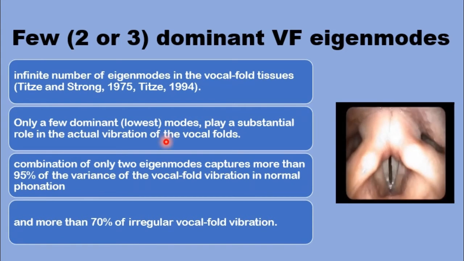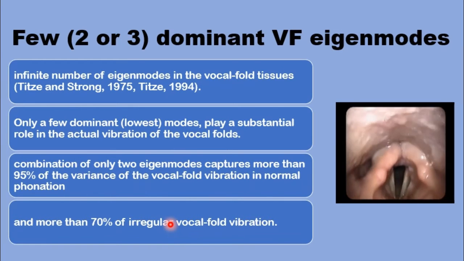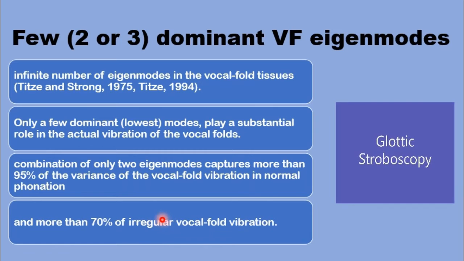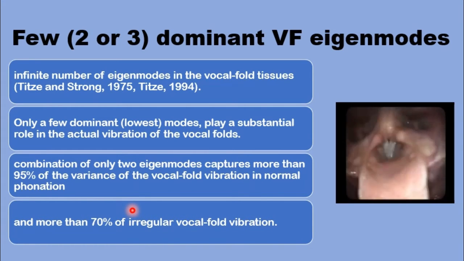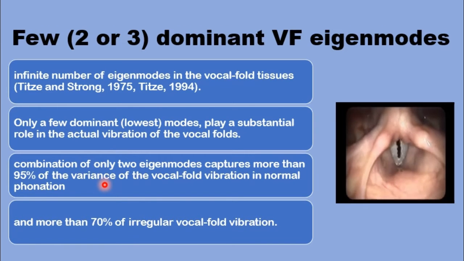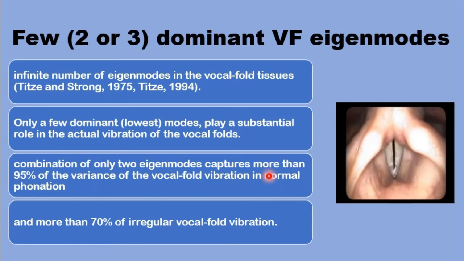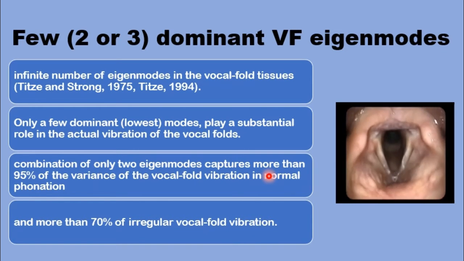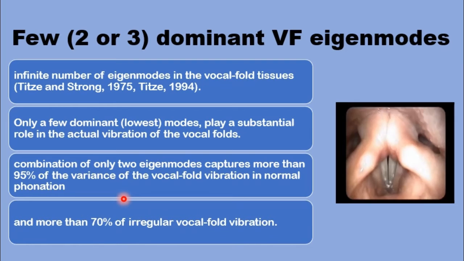This was illustrated well: a combination of only two eigenmodes can capture more than 95% of the variance of the vocal fold vibration in normal phonation and more than 70% of the variance during irregular vocal fold vibration.